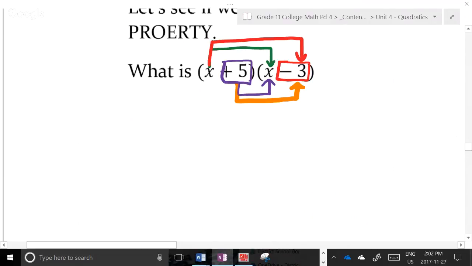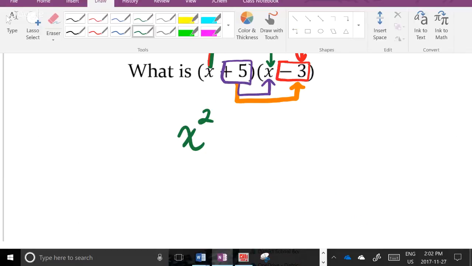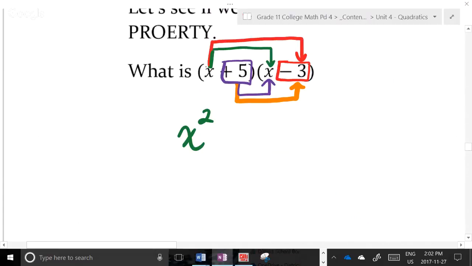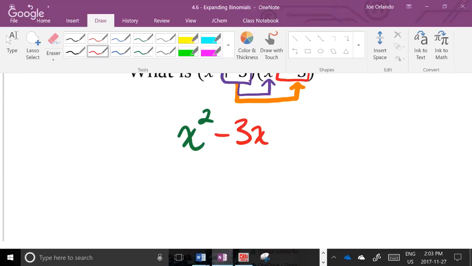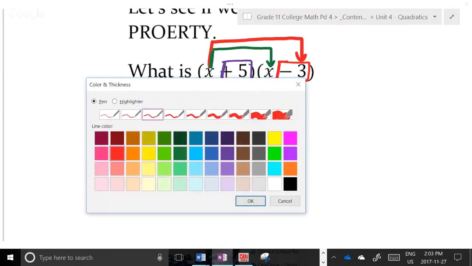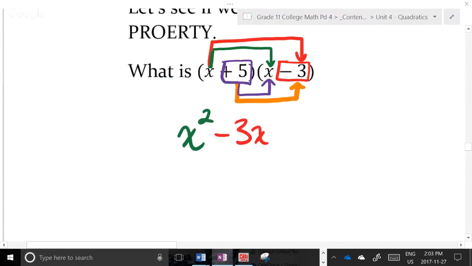Okay, so let's do these one at a time. X times X gives us what? What is X times X? X squared. Good. I'm using different colors just to show you where the numbers come from. You obviously do not need to do that. X times -3 would give us what? -3 X's. Yeah. What is 5 times X? Very good.